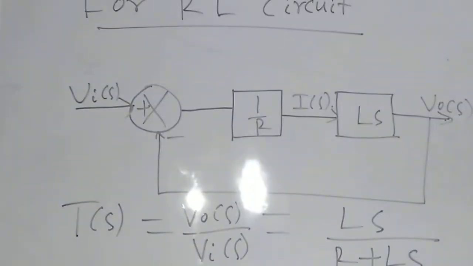So the overall transfer function will be Ls by R plus Ls. This is the overall transfer function of the RL circuit.